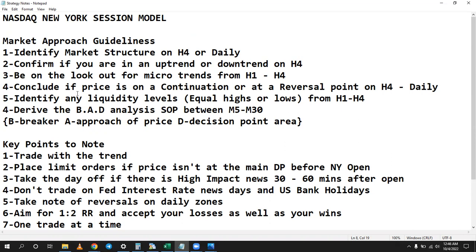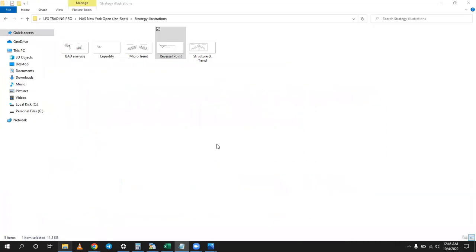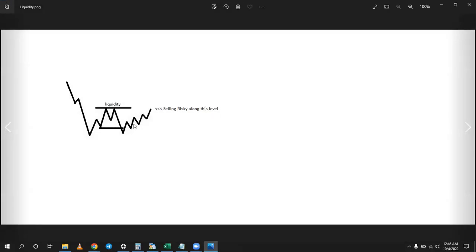Then point number five, identify liquidity levels, if they are there, because you could be stopped out as liquidity. Look out for equal highs or equal lows from maybe your H1 time frame to H4 time frame, so that you're on the safer side. Never trade against liquidity. For instance, let me use this illustration here. Take for instance, price is trending up, the micro uptrend.